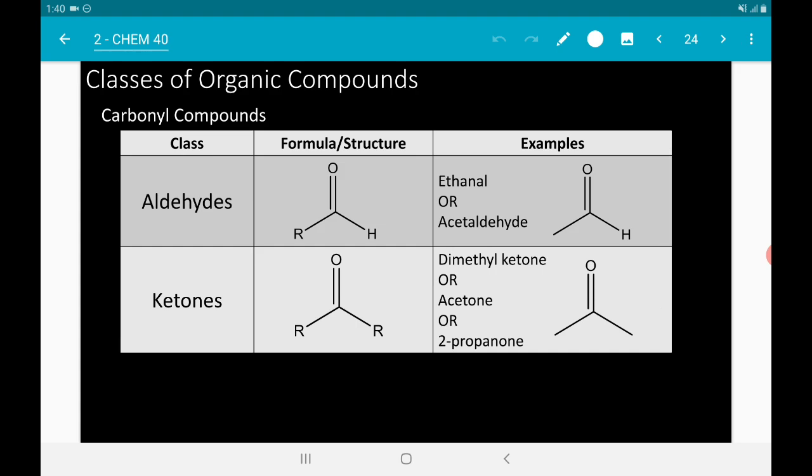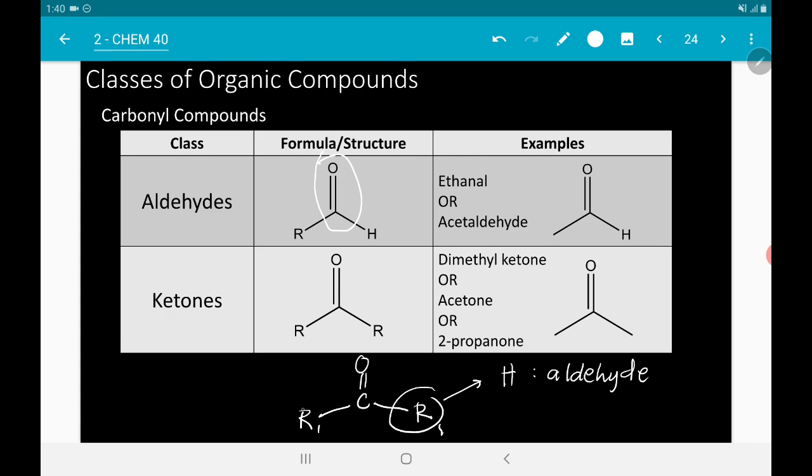So, carbonyl compounds are composed of the carbonyl group, the C double bond O group, and yung kanyang alkyl groups. So, if this is a hydrogen, okay, or R1 or R2, this is an aldehyde. If both R1 and R2 are H, that's a formaldehyde.